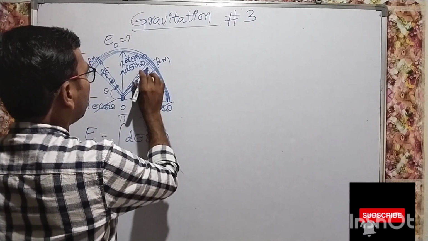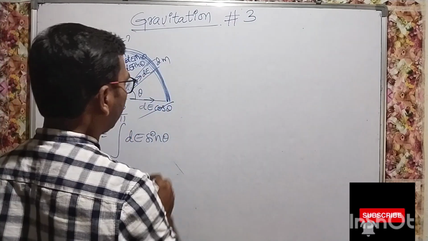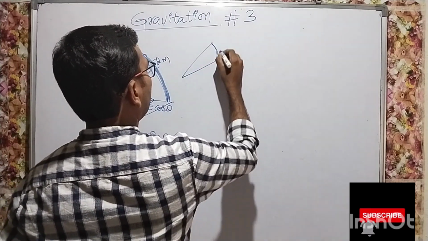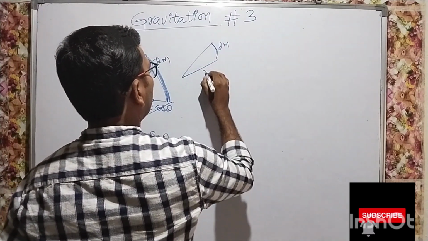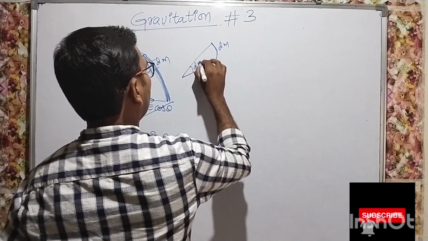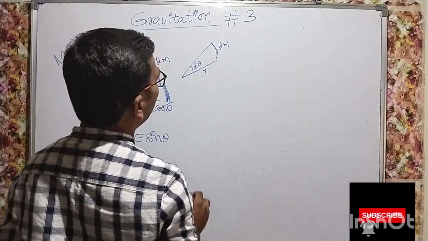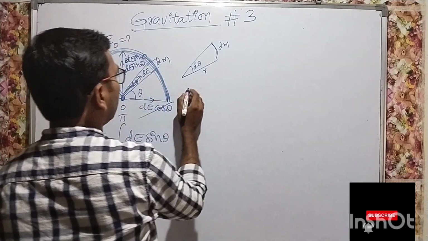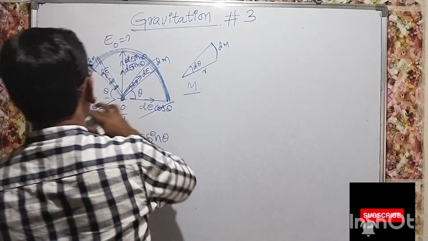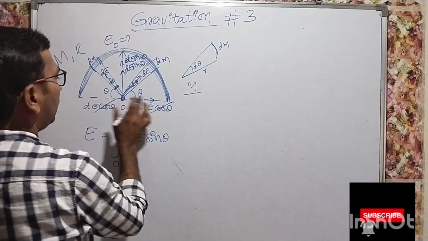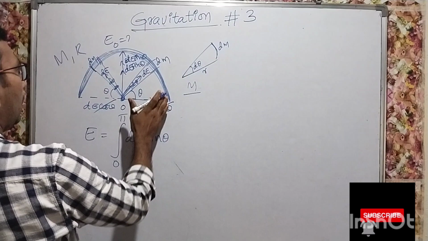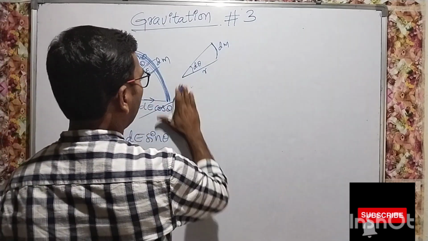For dm, the angle subtended is theta. See this one, this part is dm, this radius is r, and this angle is d theta. The total mass is capital M, and the semicircular length is pi r.